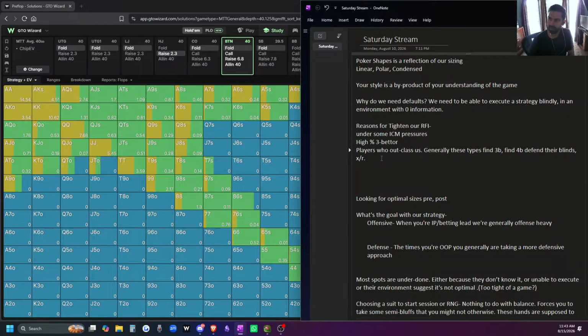Yeah. Can they re-counter us, because if we are not hitting some of these RFIs in our raise-fold category, they're actually just overfolding to 4-bets? So when we're at the top of our range, we're almost never getting paid off as much.